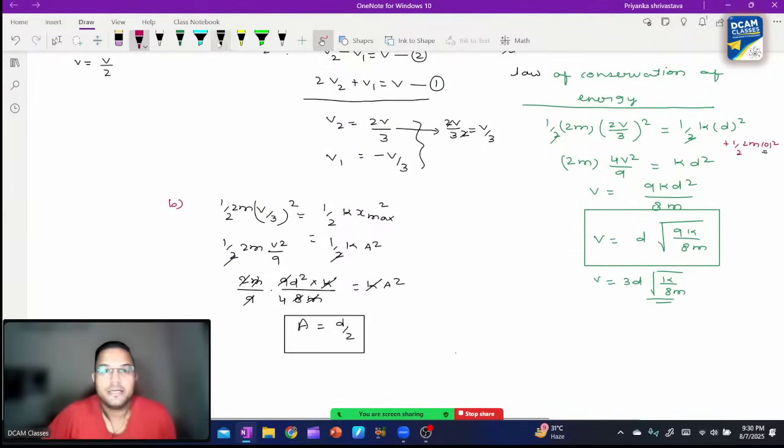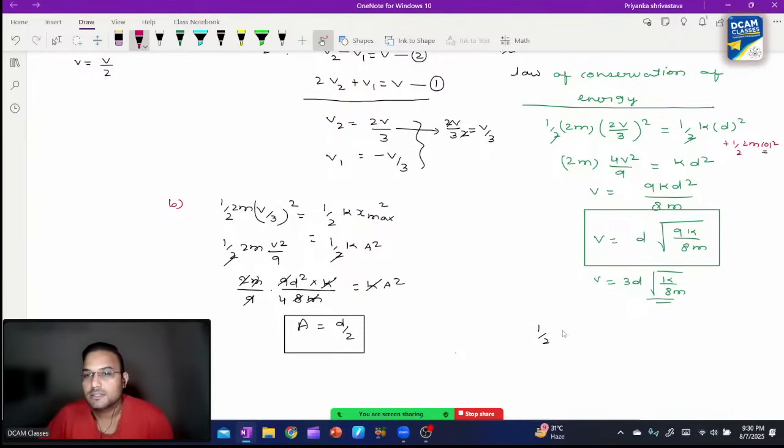But here they should have asked us to find out... Achha, wait. Not the flaw. Okay. It should be correct. Half into 2m into 2v by 3 whole square equals half k into x max square.